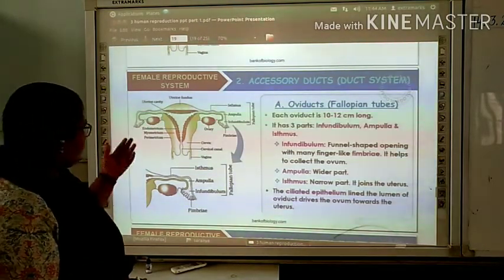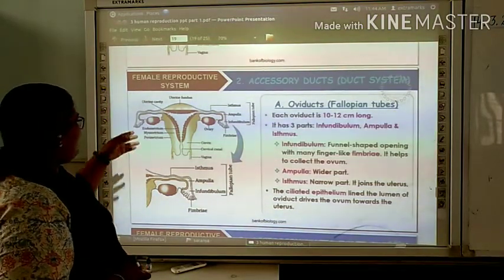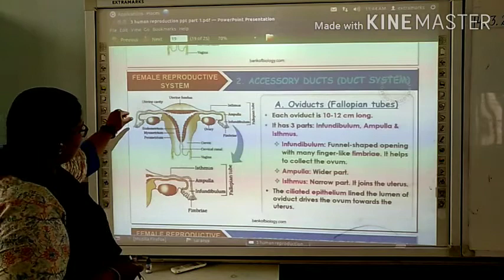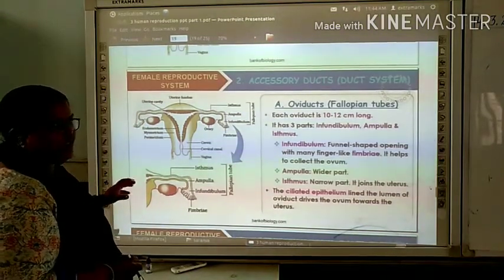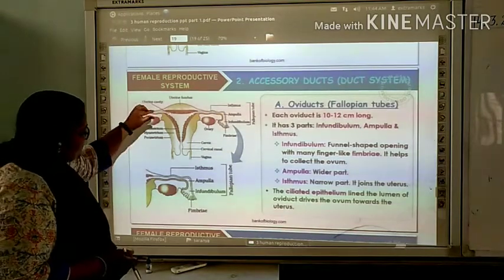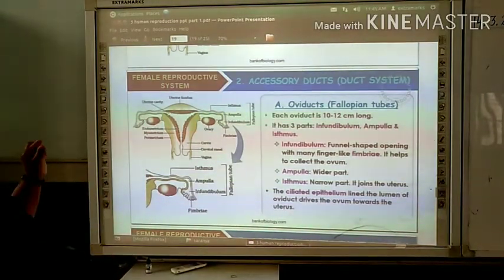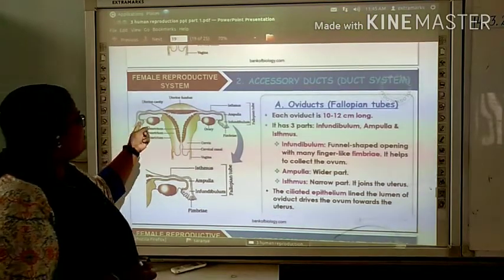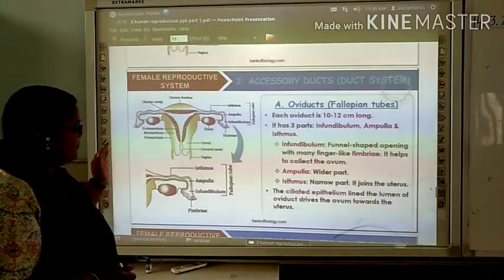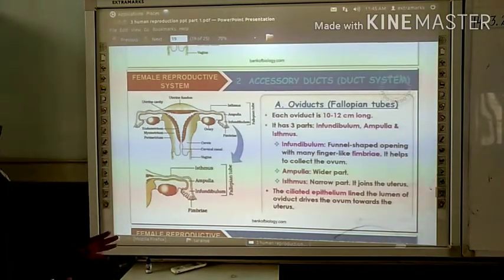The second part of the fallopian tubule is called the ampulla part, which is the shorter but wider part. And the last part, which is a very narrow part, is called the isthmus, and that will join to the uterus. So once again, the oviduct or fallopian tubule is divided into three parts.